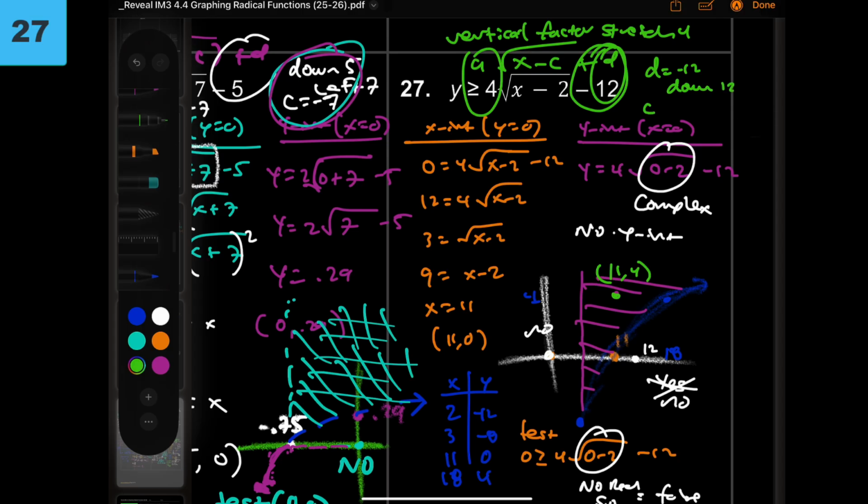And then your c value is 2. So if it's greater than, you're actually going to the right. So essentially what we have is something like, no, there. And that matches our graph. So our graph should again be solid.